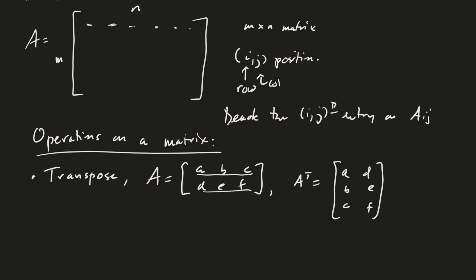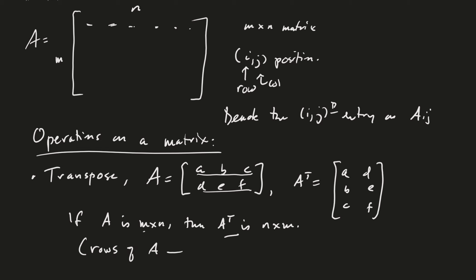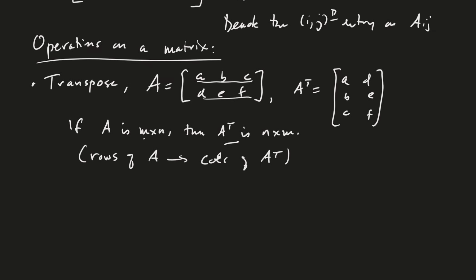In general, if A is m by n, then A transpose is n by m. Again, the rows of A become the columns of A transpose. So if you see the capital T, that's what we're talking about, the transpose.